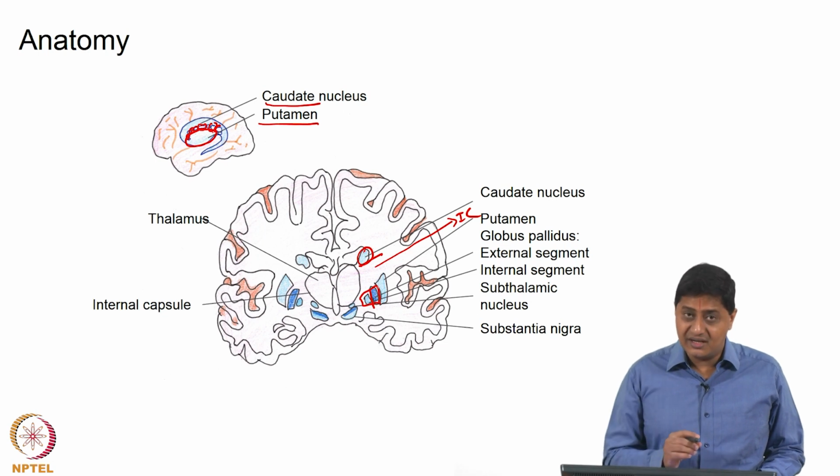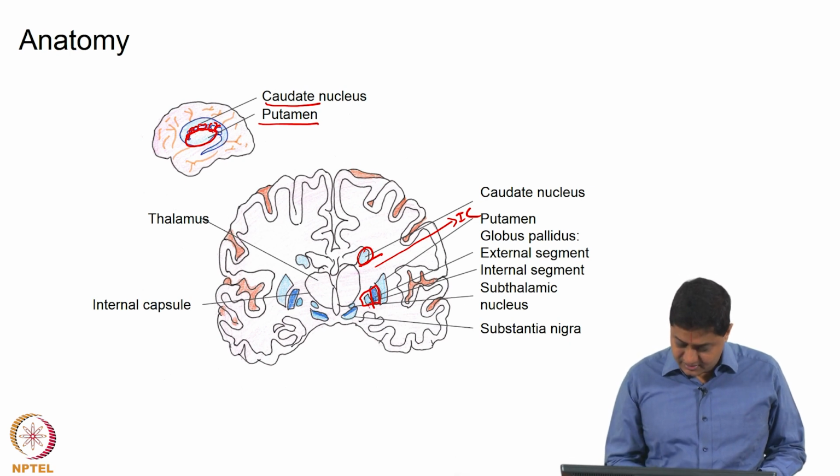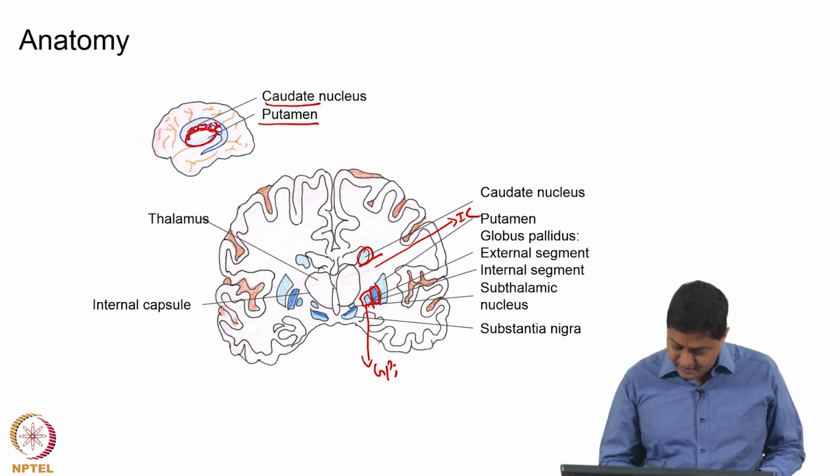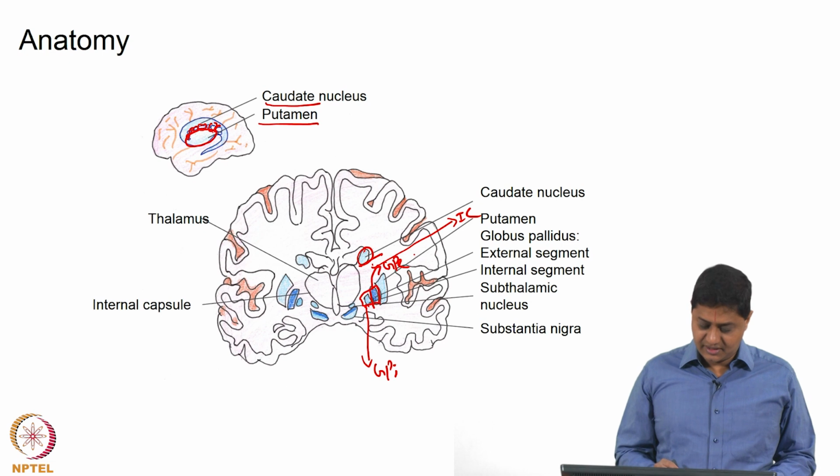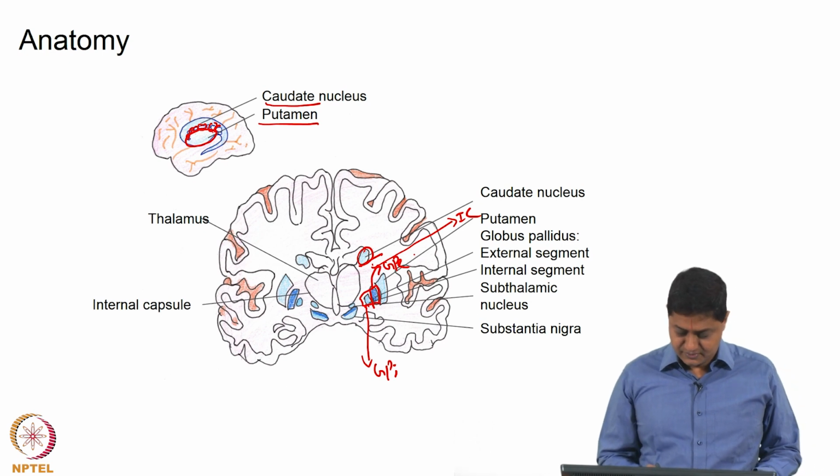The most medial of the nuclei is called globus pallidus internal, GPI, and the more lateral one among the two is called globus pallidus external or GPE. Right.